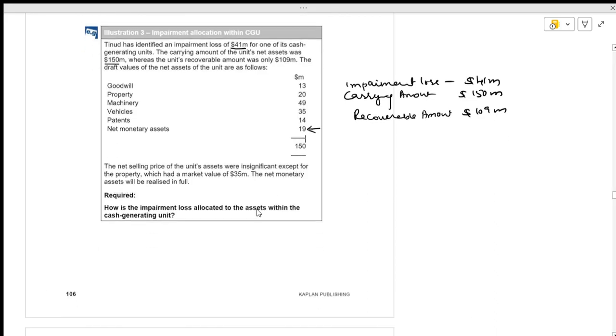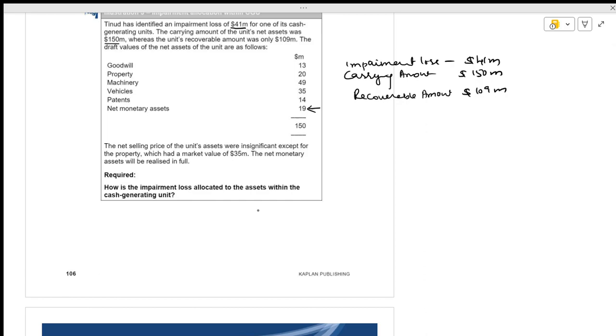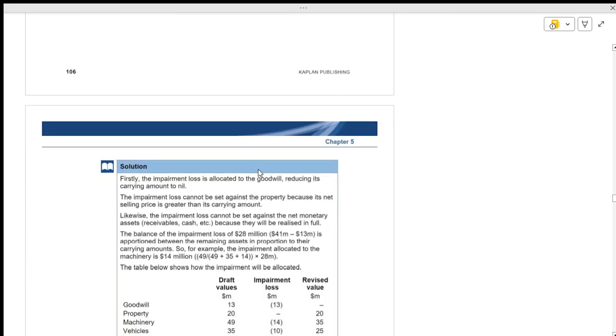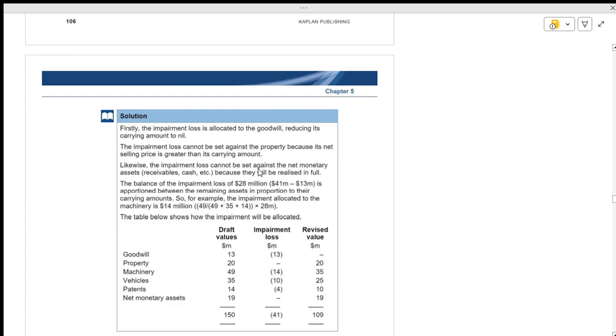The net selling price of the unit assets is insignificant except property, which is 35 million. The net monetary assets will always be realized in full. Unless they have told us specifically, we are not going to change this.